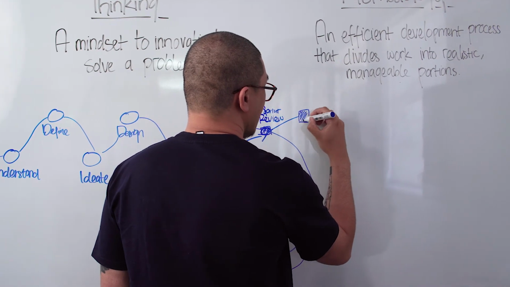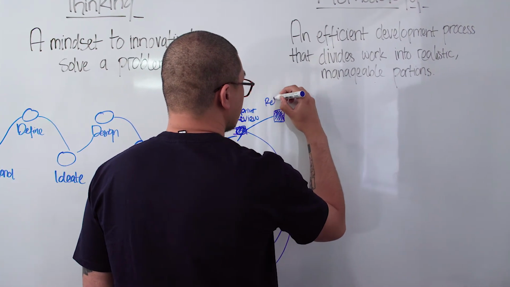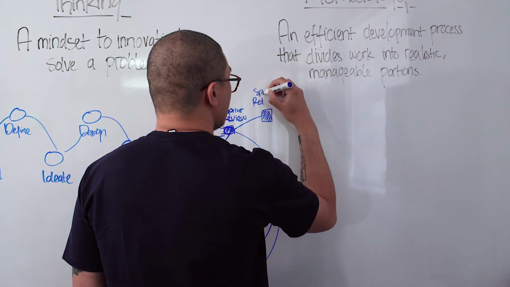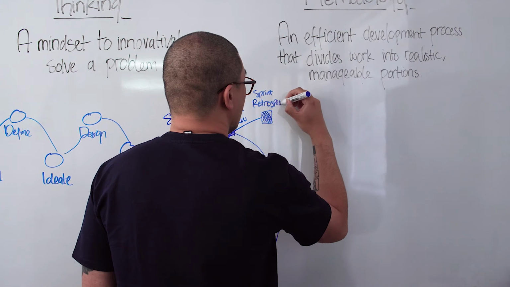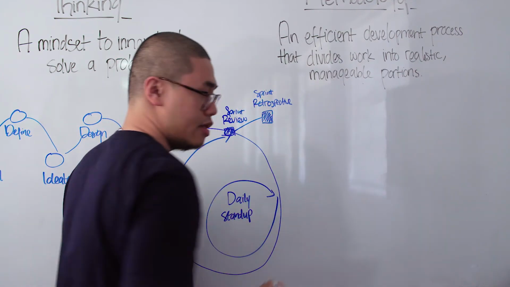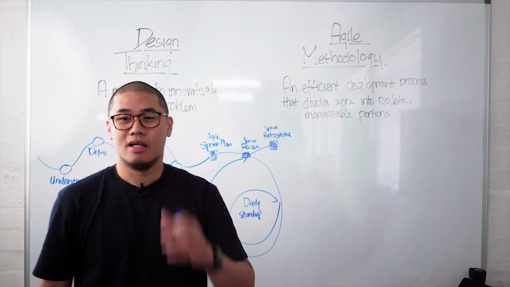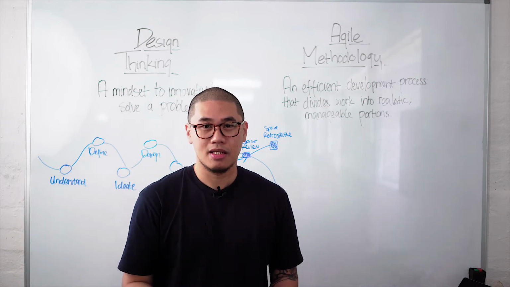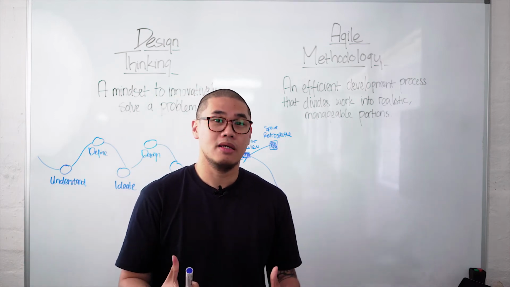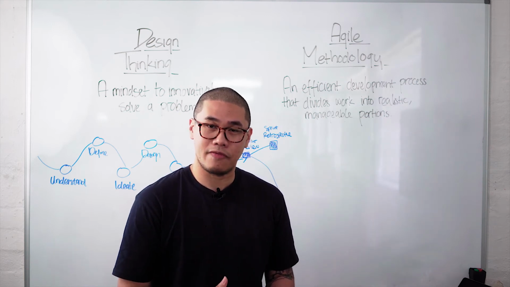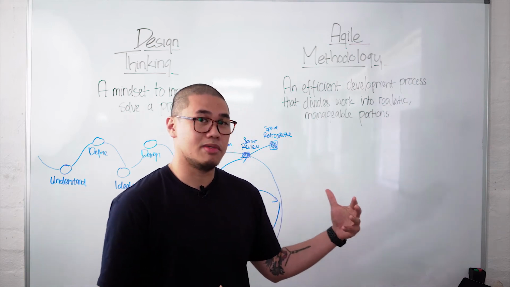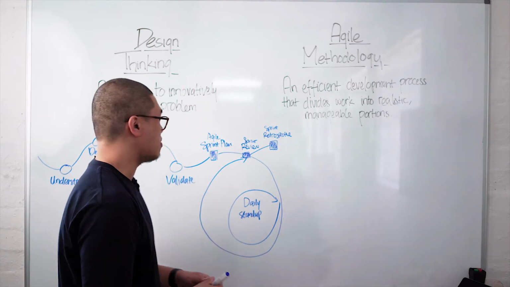What happens after that is a retrospective, or sprint retrospective, when Agile teams get together and try to address challenges that they've experienced so far in the sprint, look back, try to give some ideas on how to deal with it in the future, and that makes Agile teams better and better as they go through the process.